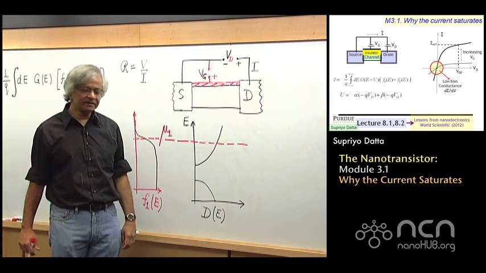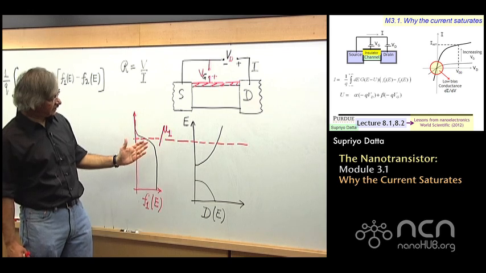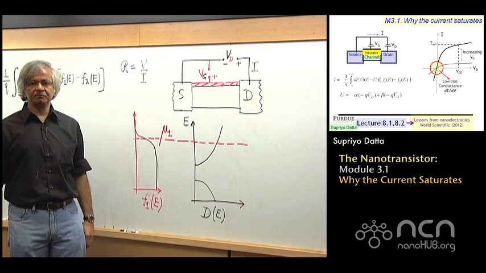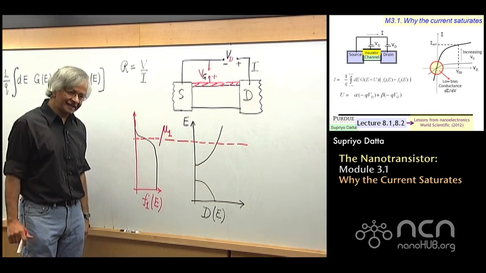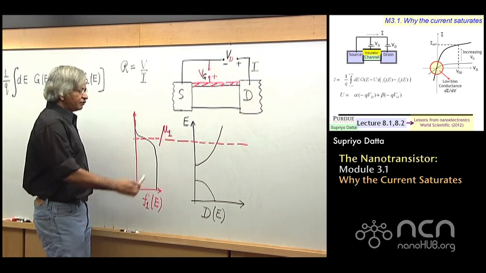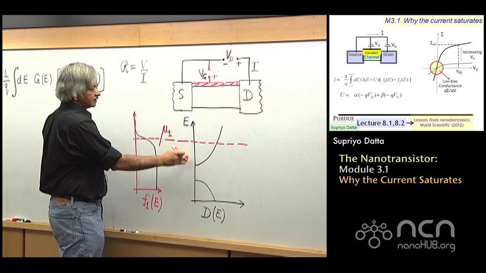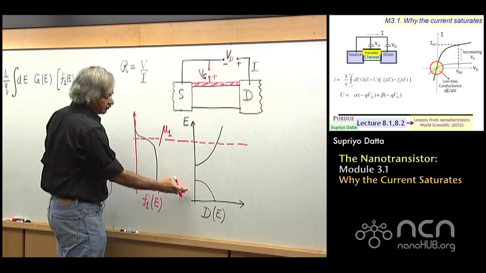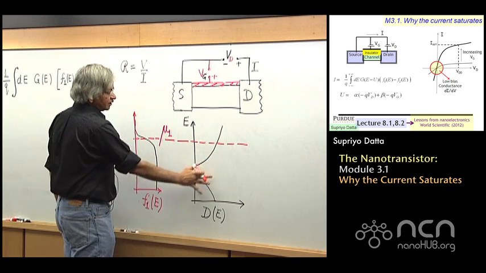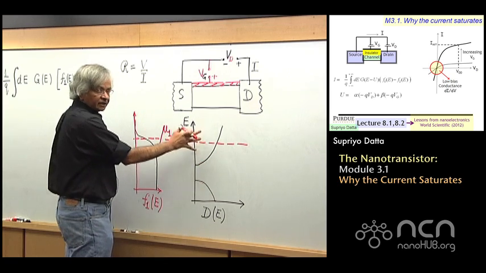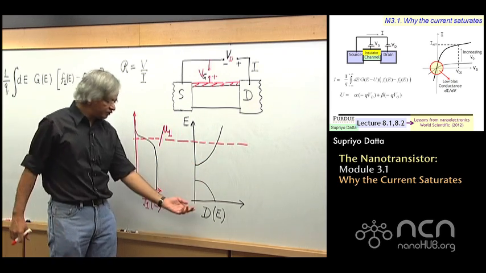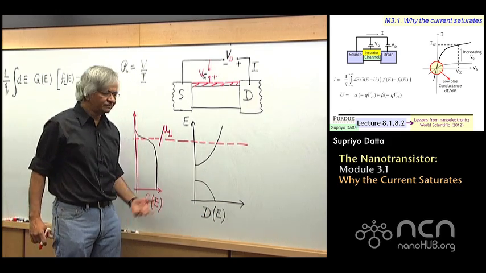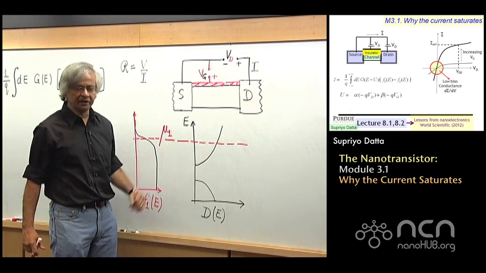Now, how does it do that? Well, the way it works is something like this. As I had mentioned before, in order to understand current flow, the first picture you draw is, this axis is energy, and you try to draw the availability of states at different energies. And that's what you usually denote by the density of states. And I've shown just a schematic here.